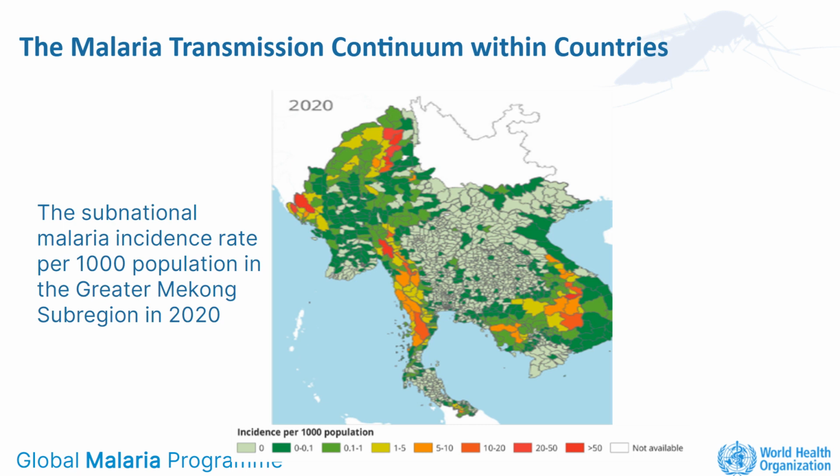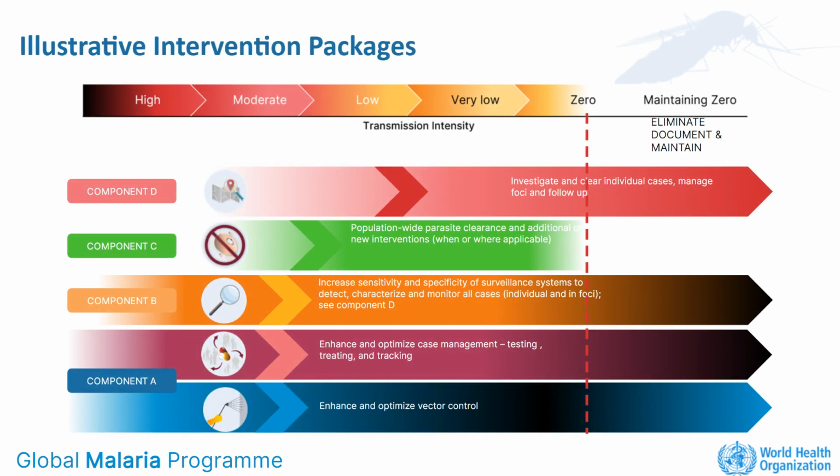Some parts of countries that are at a lower level of transmission may be able to move towards elimination at a faster rate, but all regions can take specific actions to accelerate towards elimination. Along the continuum of malaria transmission, the framework provides an illustrative intervention package that can be adapted to different subnational areas in a country.